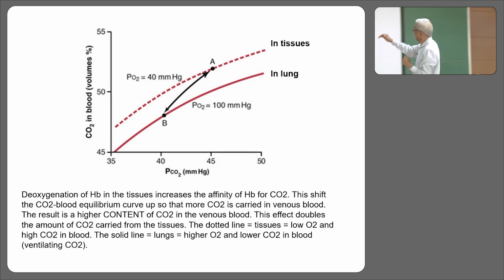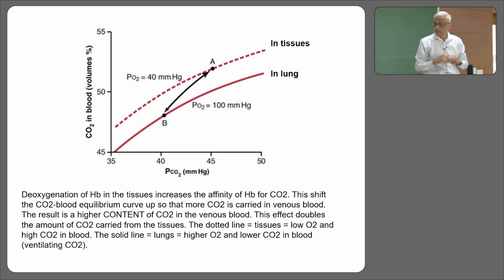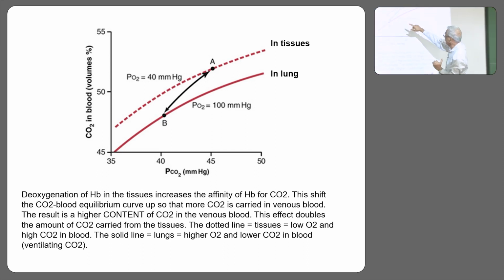Because it combines, the curve shifts in such a way that when the partial pressure of oxygen is 40 mmHg, that is in the tissues, you have the curve here where now you can carry 52 ml of oxygen.